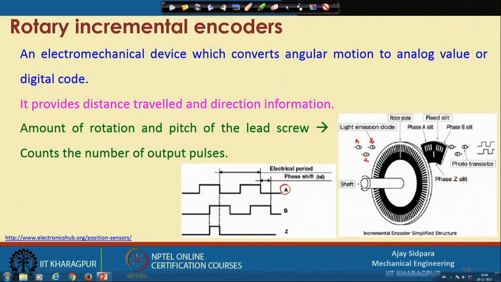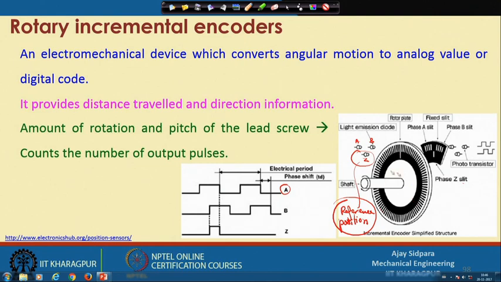Because now if you see, this A and B are actually lying on this particular black and white spoke kind of thing, but here if you see, the Z is here. So, Z is actually the reference position. Correct. So, the reference position is only one here, consider.